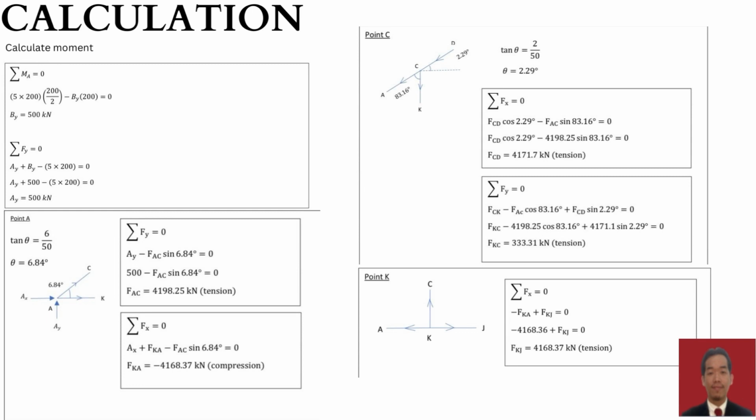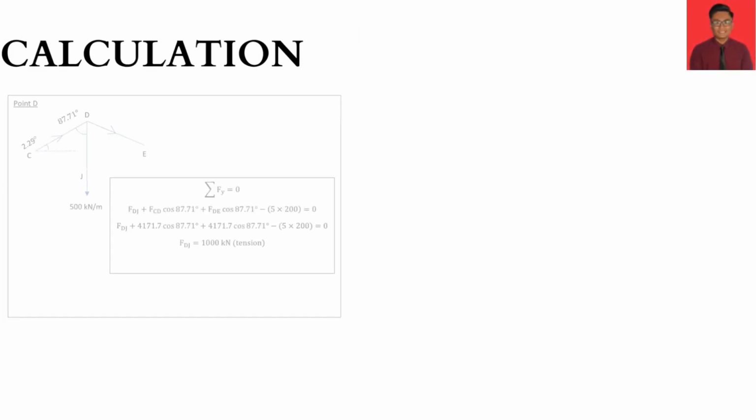Next, at point C, we also use equations of equilibrium, and FCD is 4171.7 kN and FKC is 333.31 kN, and both of them are in tension. For point K, equilibrium equations are used to find FKJ, which is 4168.37 kN, and the truss is in tension.